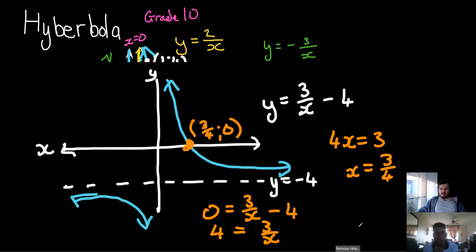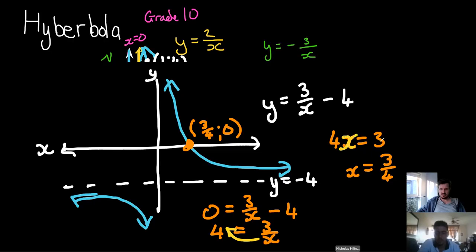Okay. So when we're solving these equations, when you take this 4 to the other side, and then you took the x there as well, and then you took the 4 back again. Yeah, so what I did was I took the x here, and so it was there now, right? Yeah.